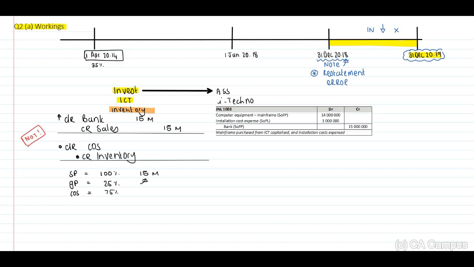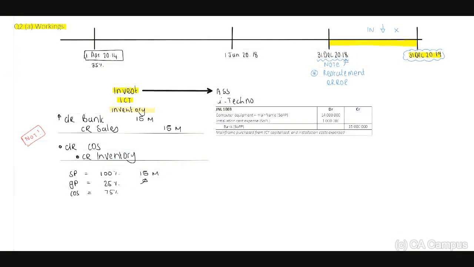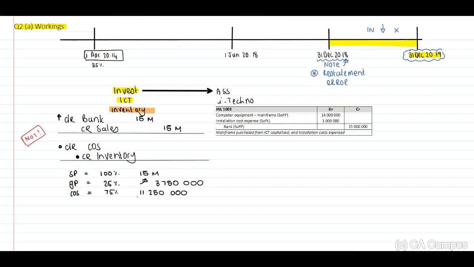Therefore, our cost of sales in terms of the 15 million will be an amount of 11,250,000. Okay? Therefore, in the records of Invest ICT, this will then be 11,250,000. You with me on this one?